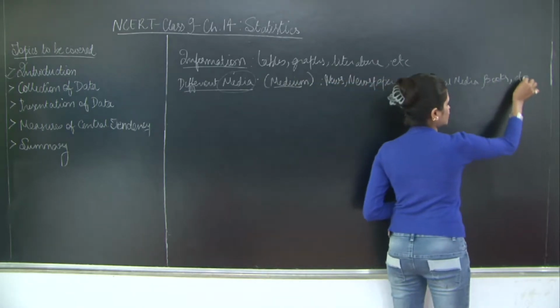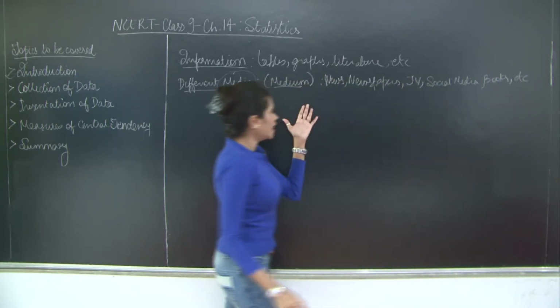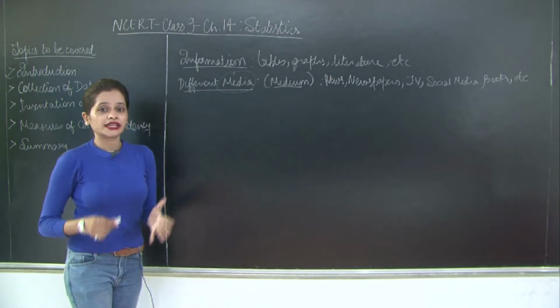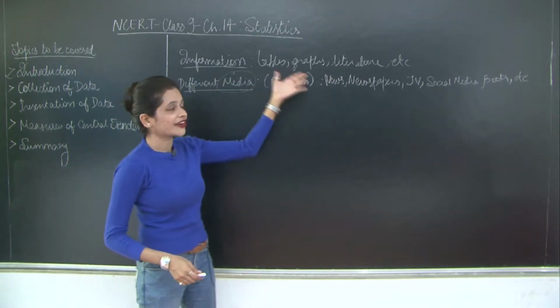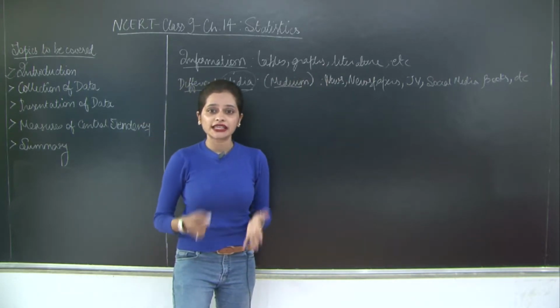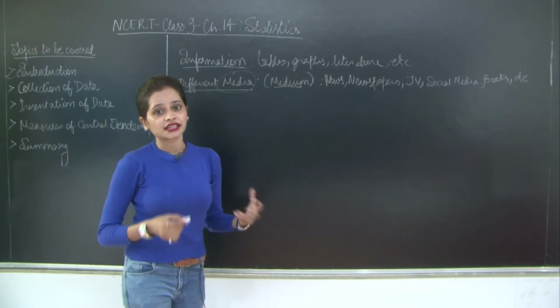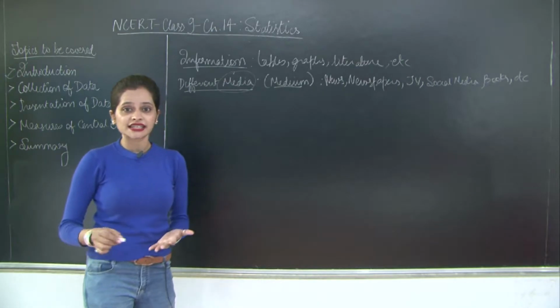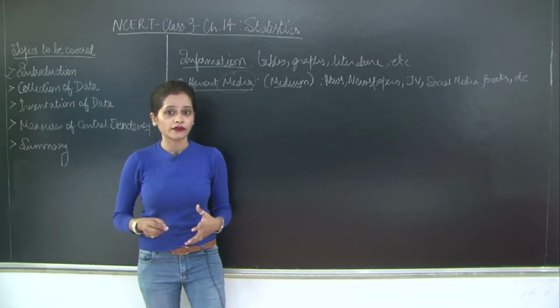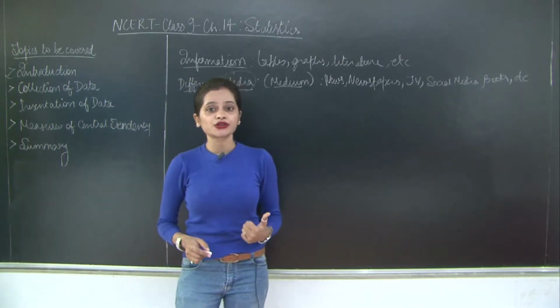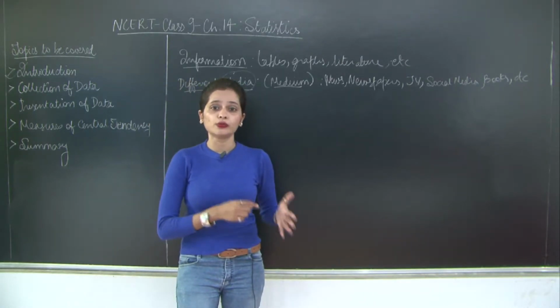So I'll say etc. Now, since we're saying that information is available in different formats like tables, graphs, literature, information could either be theoretical, that is, it must be having only written content, or it could be numerical, where a lot of numbers are involved. So in statistics, we are going to deal with the numerical part.